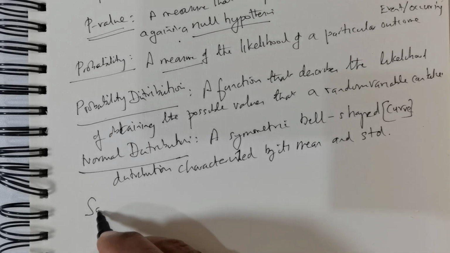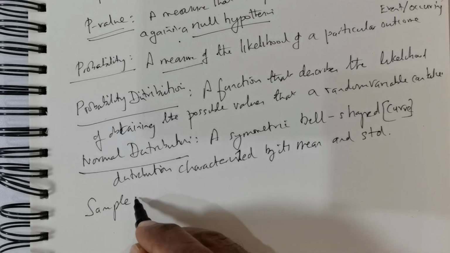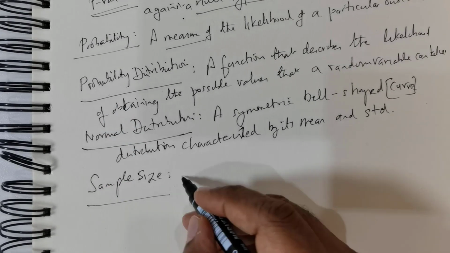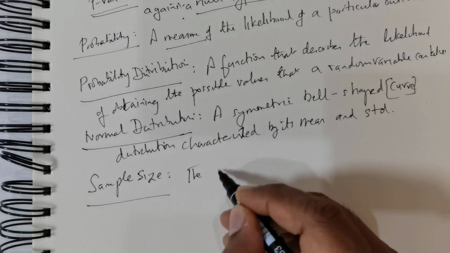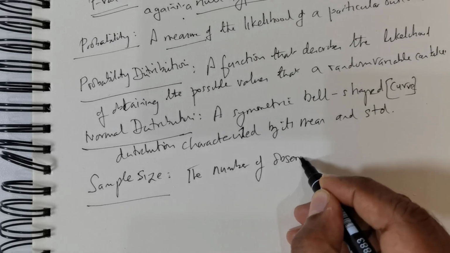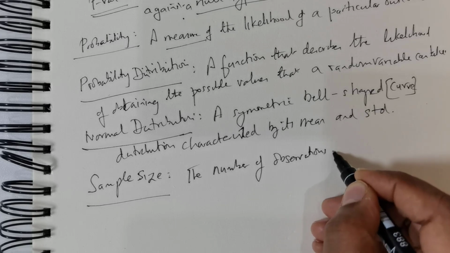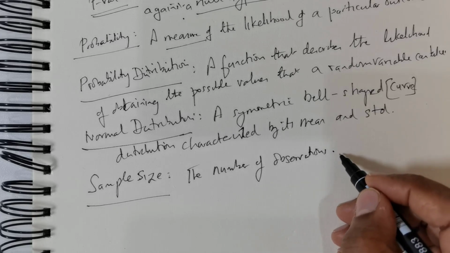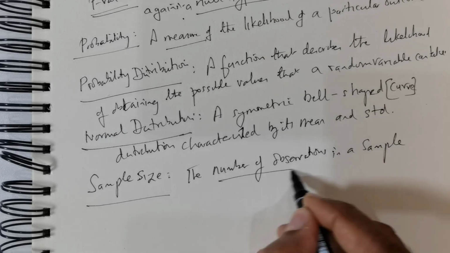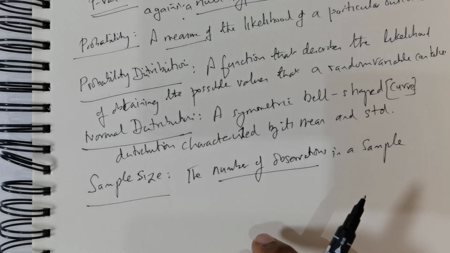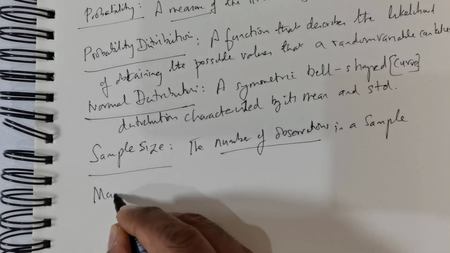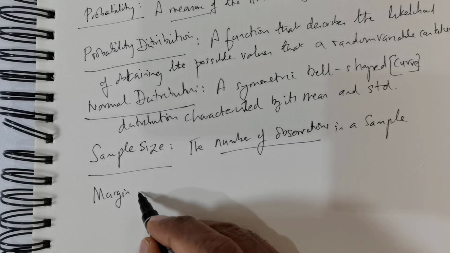The next all-important thing is you need to know what you mean by sample size. So what is it? It's nothing but the number of observations in a sample. Straightforward, number of observations present inside a sample. Now whenever you are dealing with probability, you've got margin of error.